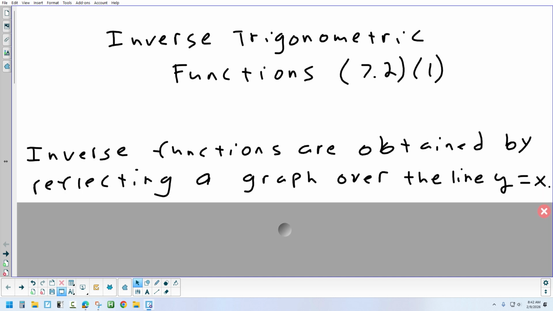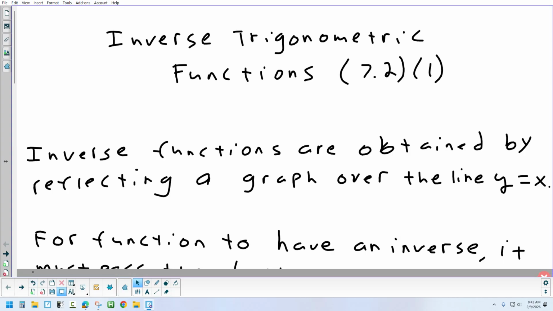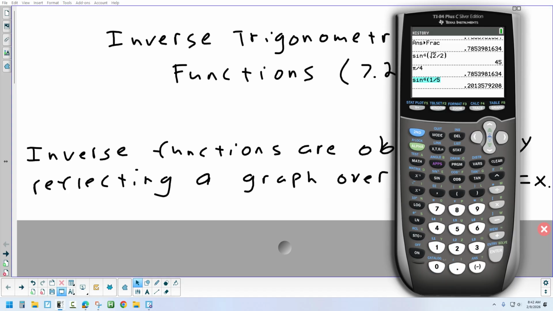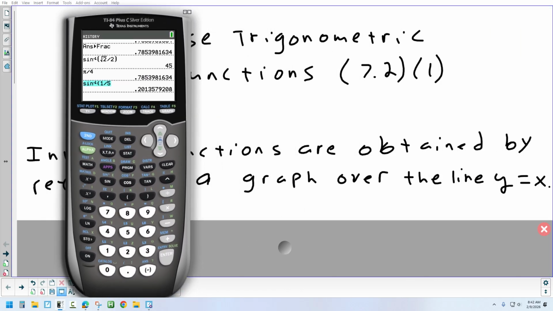So remember that in general, an inverse function is a mirror image of the original function. It's a mirror image over the line y equals x. All right, so let me graph an example that's a little more familiar, not a trig function. But let's graph a square root function.